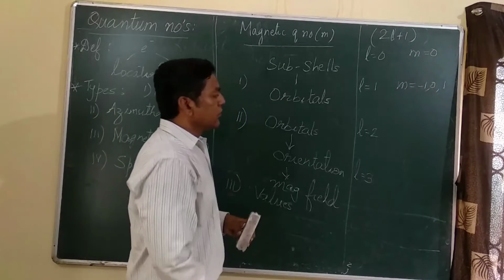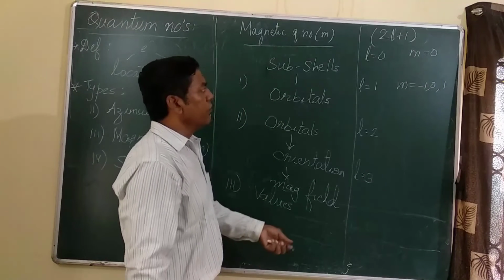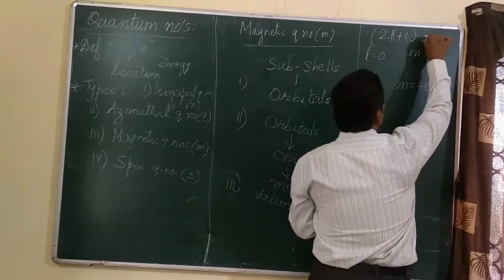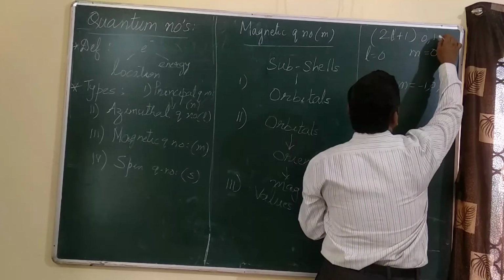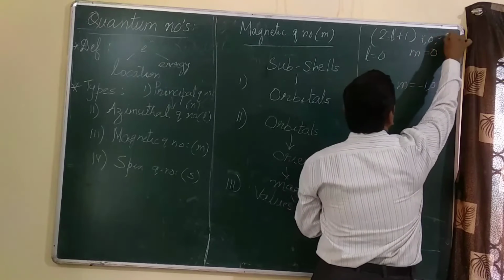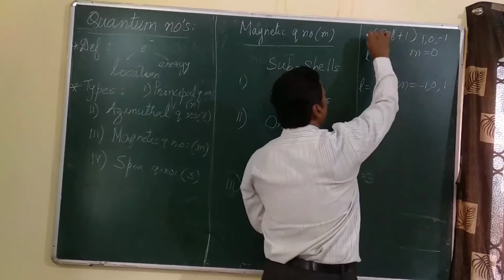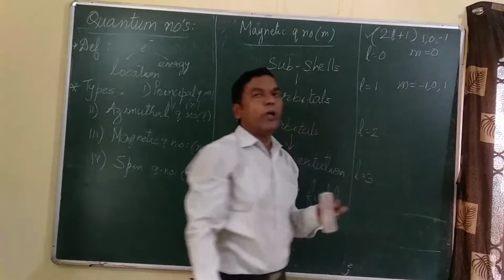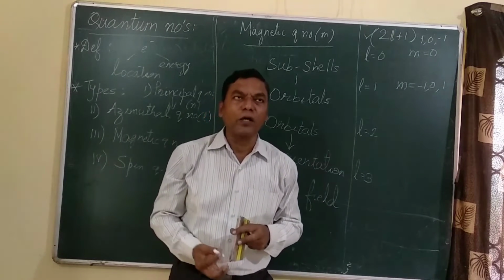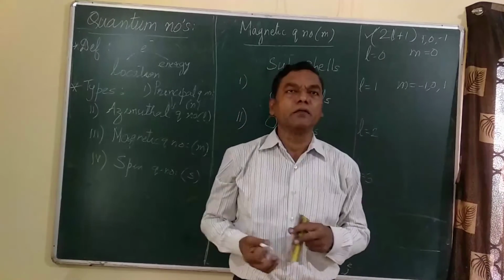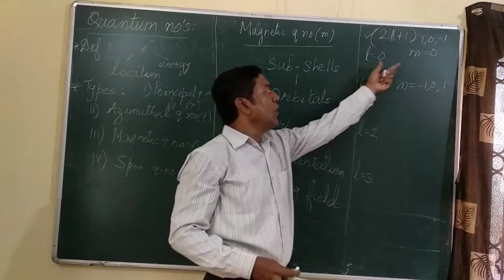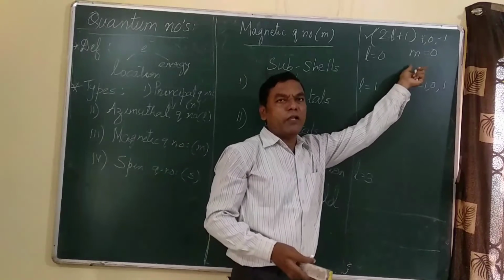Here we said that the values of the magnetic quantum number range from plus L to 0 to minus L. That means it will have a total of 2L plus 1 values. And depending upon this formula, we are going to see, for each possible value of L, what the possible values of M are.